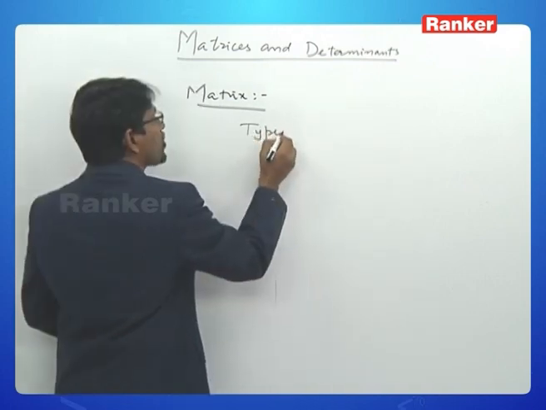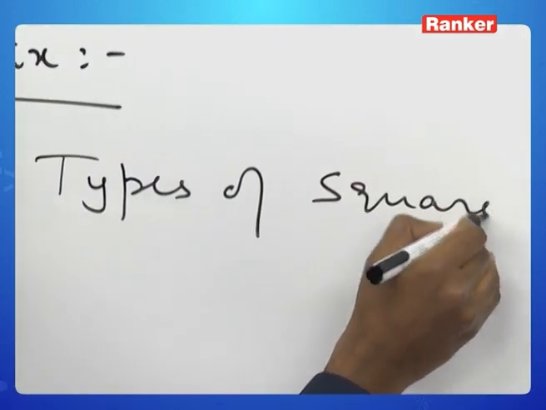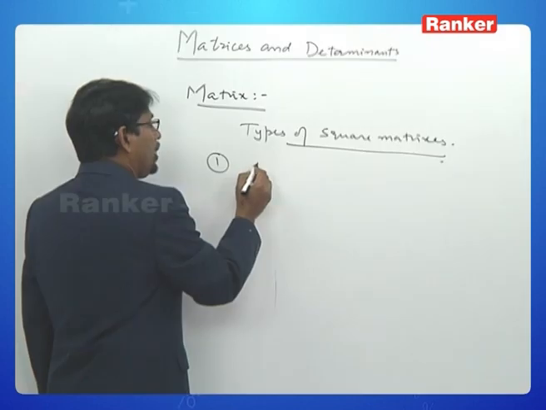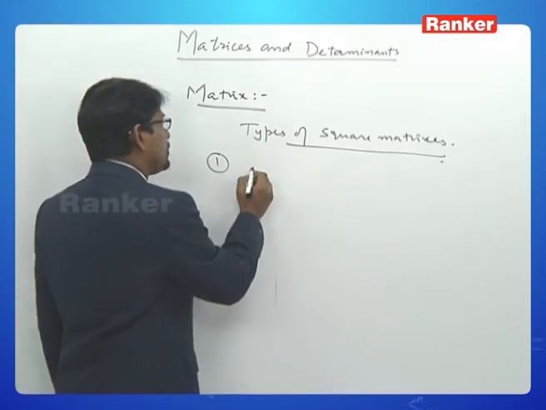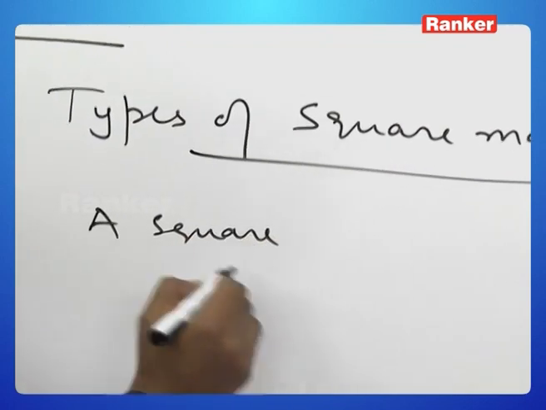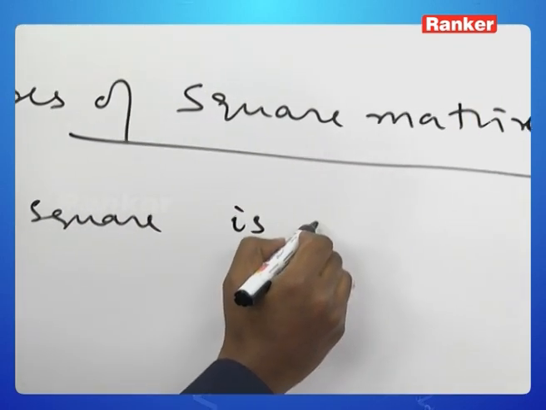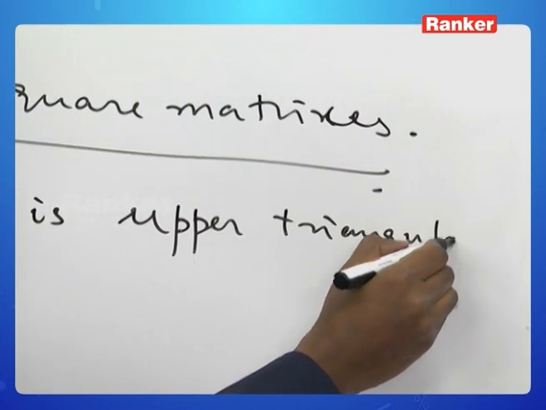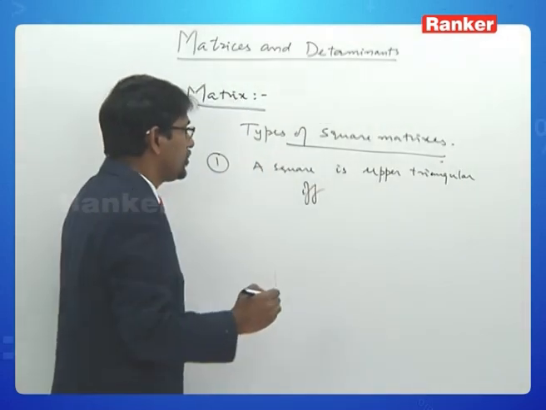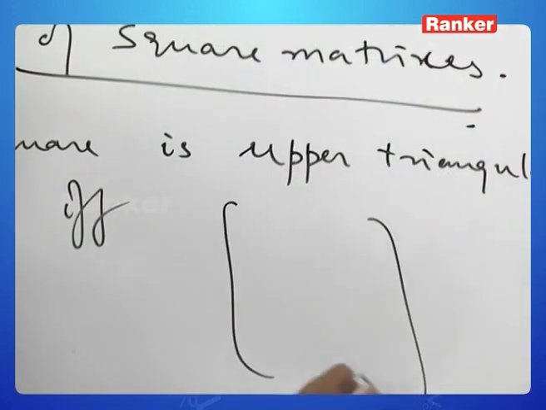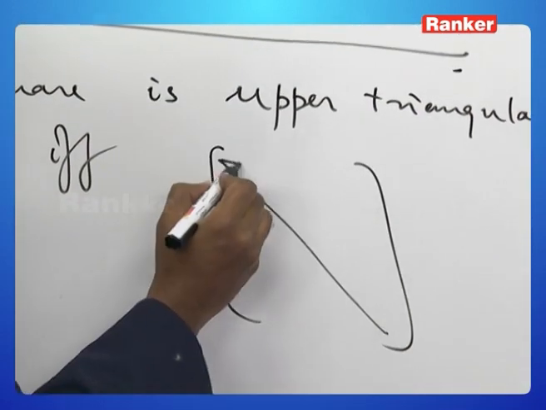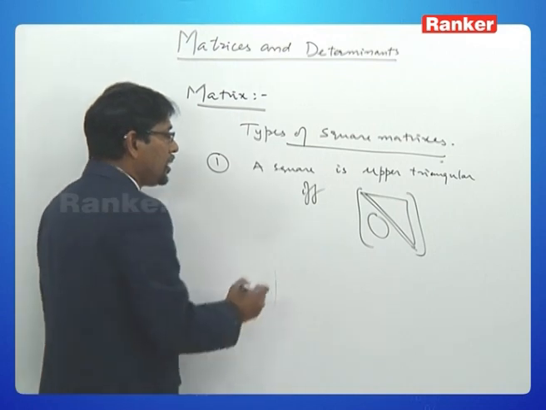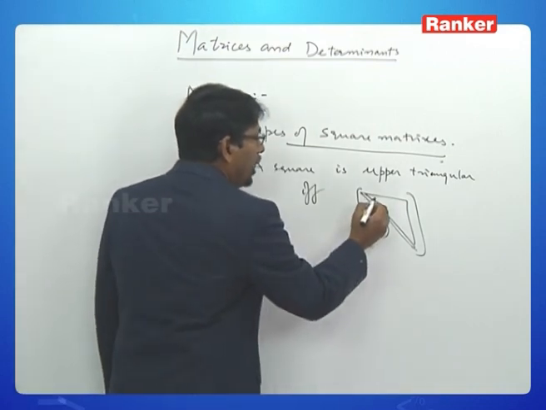Now let us move on to the types of square matrices. A square matrix is said to be upper triangular if and only if all the elements below the principal diagonal, this is called the principal diagonal, are zeros.